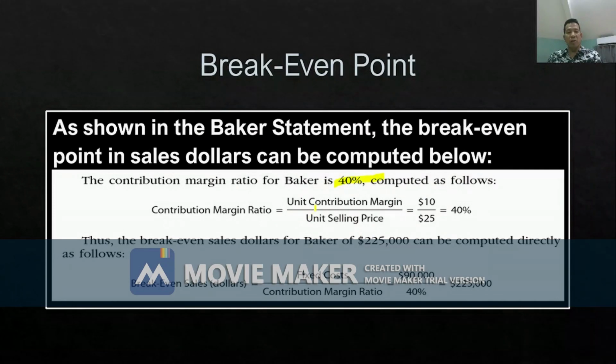Bakit mayroon siyang 40%? The contribution margin ratio is equal to the unit contribution margin over the unit selling price, which is 10 divided by 25. So that is why the contribution margin ratio for Beaker is 40%.